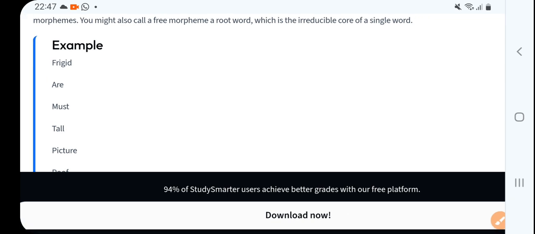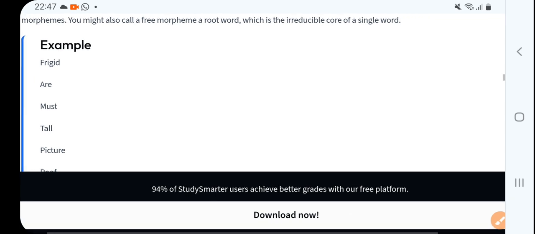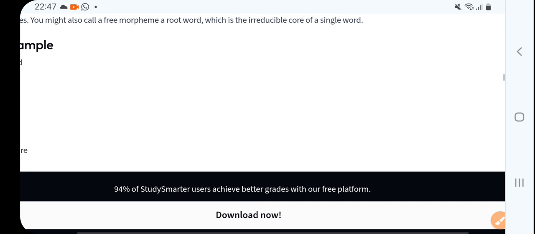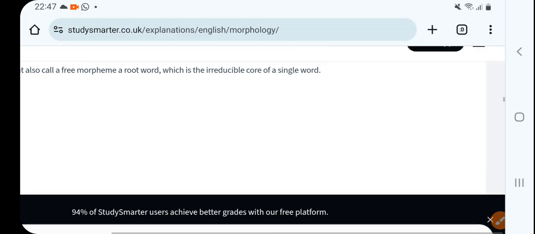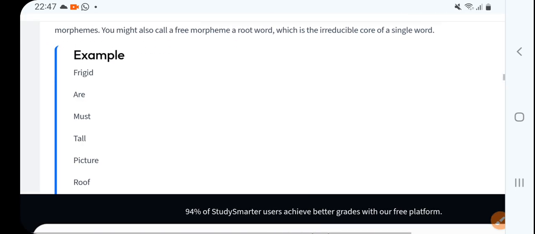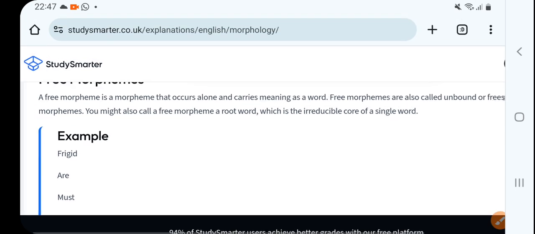You might also call a free morpheme a root word, which is the irreducible core of a single word, which cannot be reduced, right? So that is why it is irreducible.